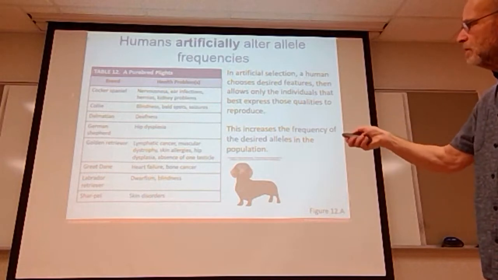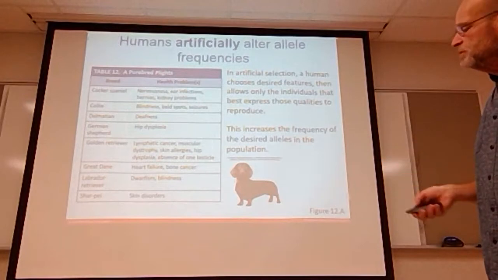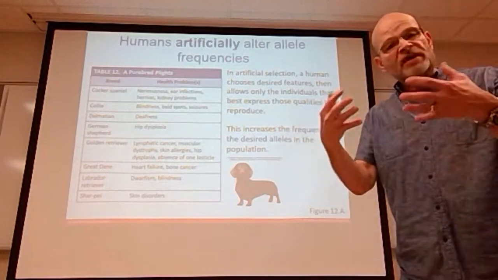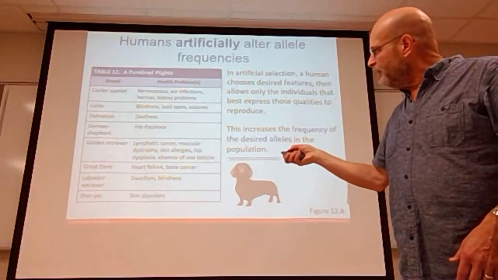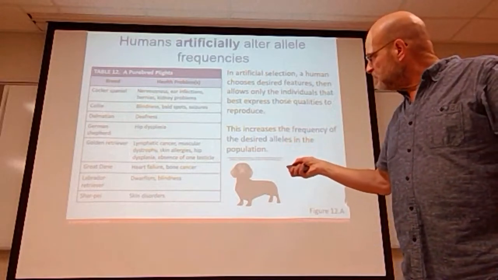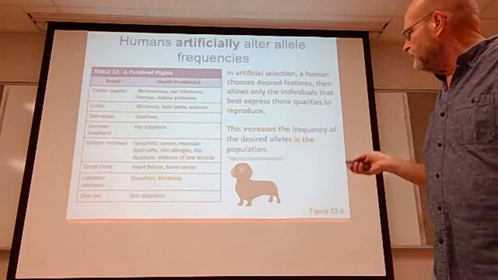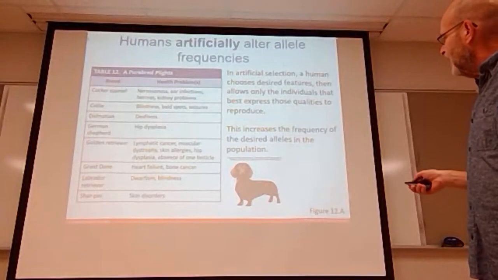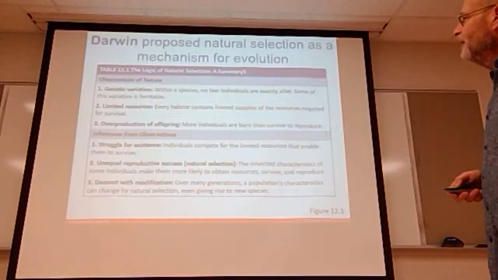All of these are purebred dogs, but these are all associated health issues that, as we are breeding, as we are artificially selecting things so the dog looks like this, were unforeseen consequences of that artificial selection. And why don't they say anything about the dachshund? We've got a dachshund sitting right here in the picture, and we don't even talk about the dachshund.